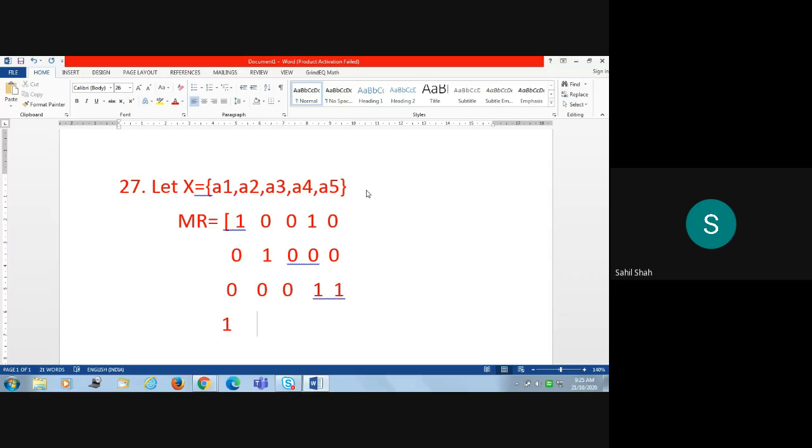Already the relational matrix is given, so there will not be any need of writing the relation. You can directly work on this matrix, in order to find the transitive closure of the binary relation.